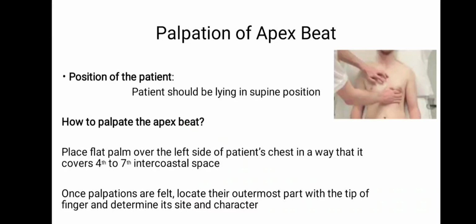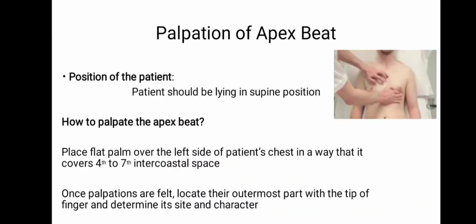How do we palpate the apex beat? To palpate the apex beat, we place the flat palm over the left side of the patient's chest in a way that it covers the 4th to 7th intercostal space. Once the palpations are felt, locate their outermost part with the tip of the finger and determine its character and site.